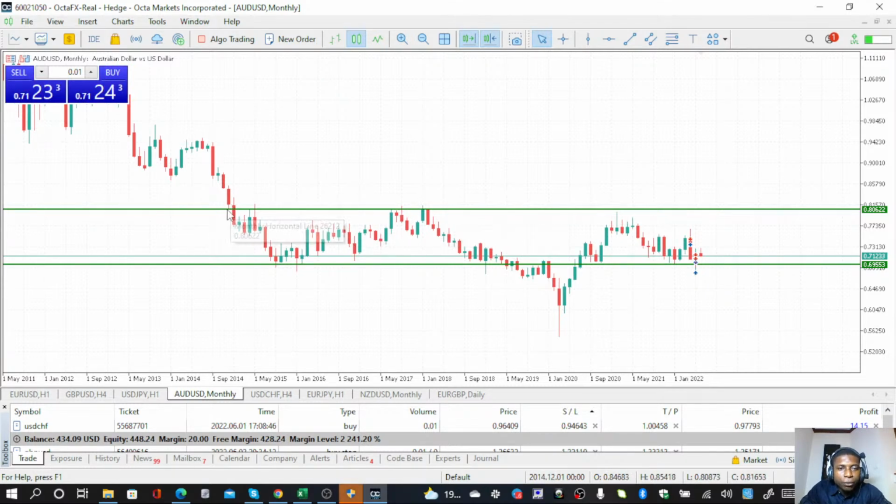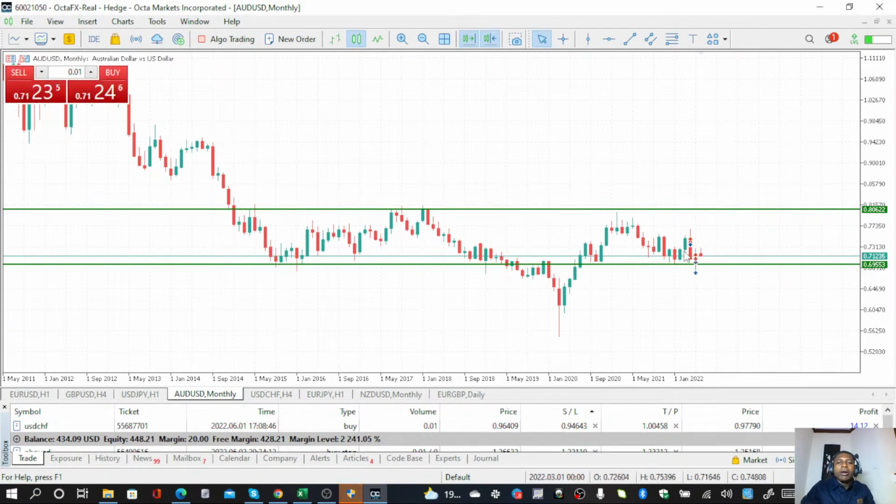Market came from here, came down, and went up again to the previous resistance, and was rejected twice. Price then moved down to this level and later moved up to the previous resistance, and was still rejected. Then price came down to this level and is currently rallying.